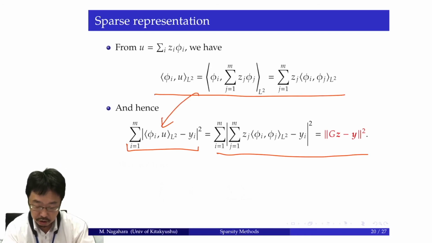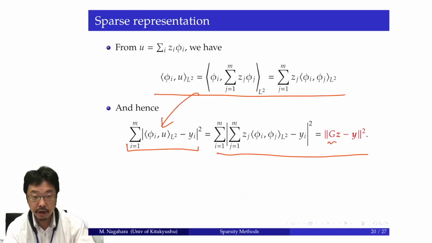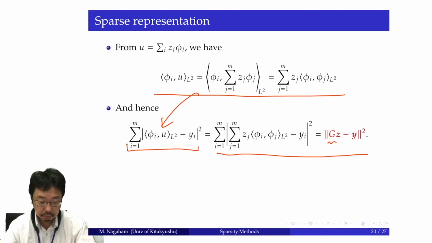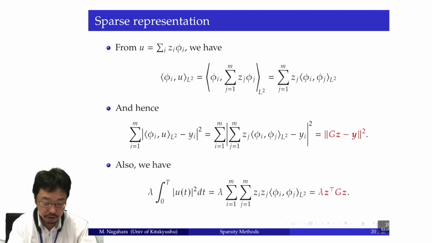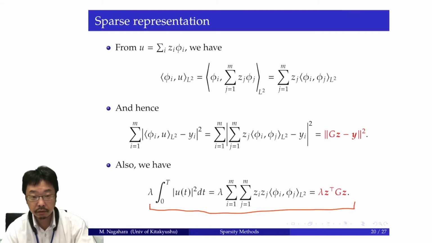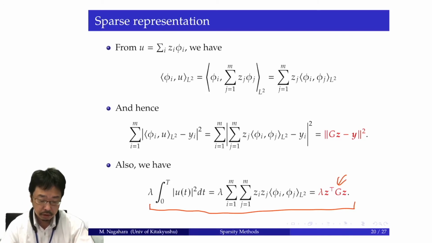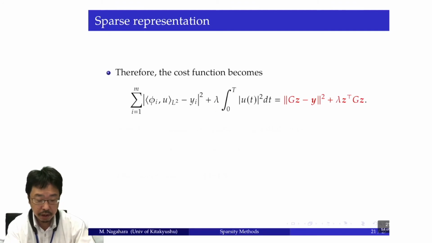Here, G is the Gram matrix. Also, we have this equation for the second term of the cost function. Here we also use the Gram matrix. Therefore, the cost function becomes this.